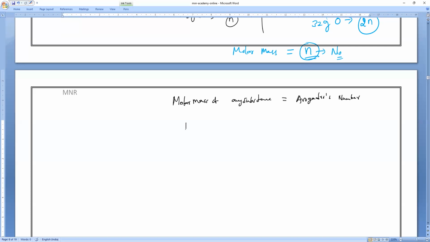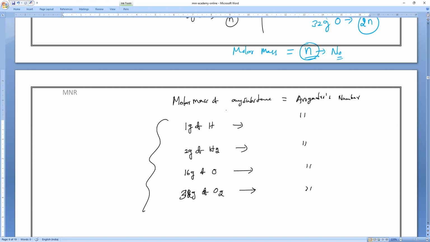Suppose I take 1 gram of hydrogen atoms, it contains Avogadro number of atoms. 2 grams of hydrogen molecules, Avogadro number. 16 grams of oxygen atoms, Avogadro number. 32 grams of oxygen molecules, also Avogadro number. So every molar mass of any substance is equal to Avogadro number.